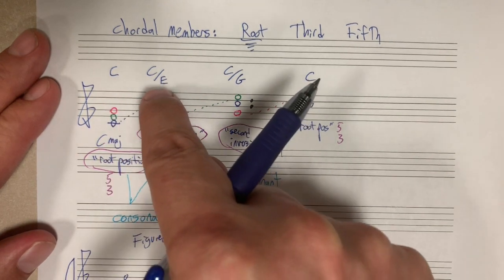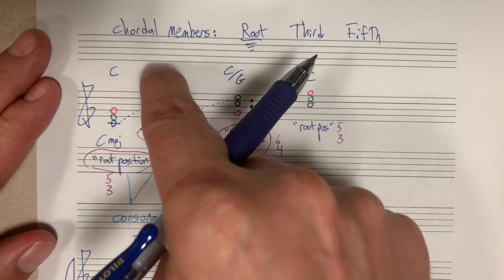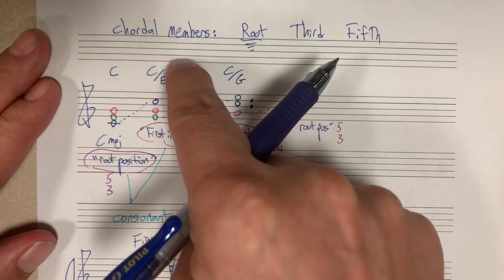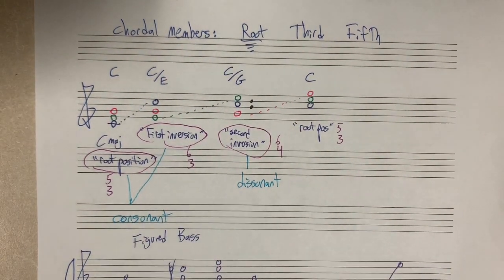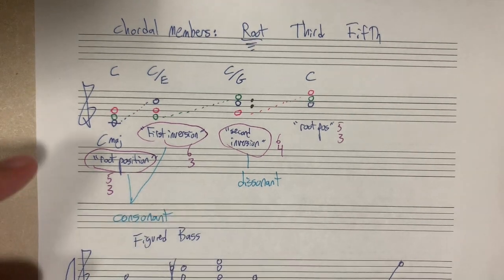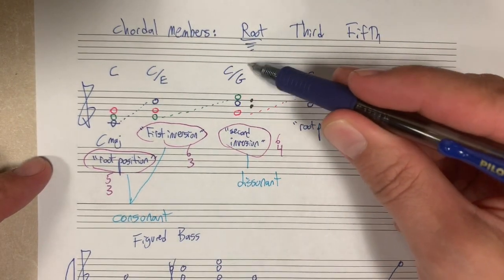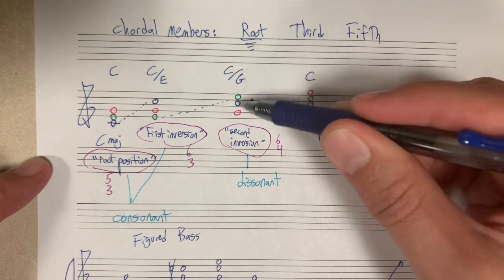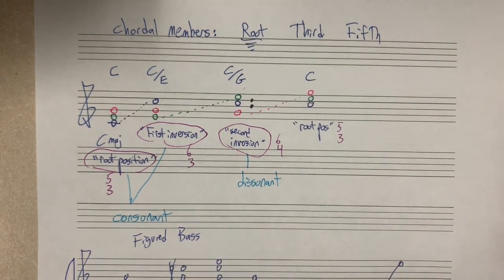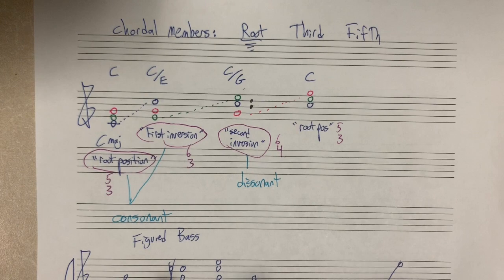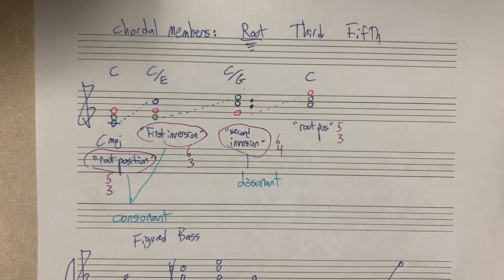And a lot of times we use this slash notation where you write the chord and then a slash, and the letter under the slash tells you what the lowest note is. So C over G means C with a G in the bass. That's how we usually notate these things today.